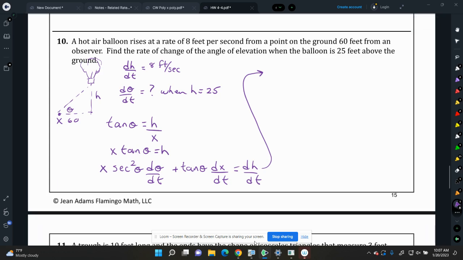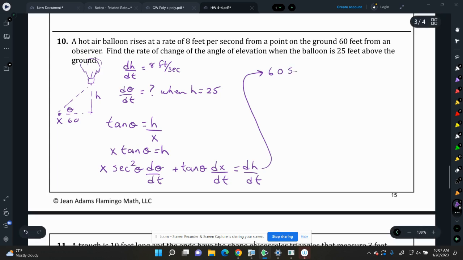Okay, now let's substitute in what we have. So I have x is 60. Is that right?